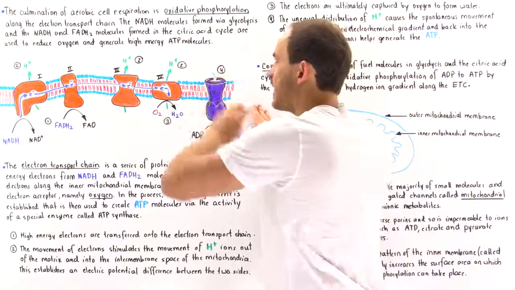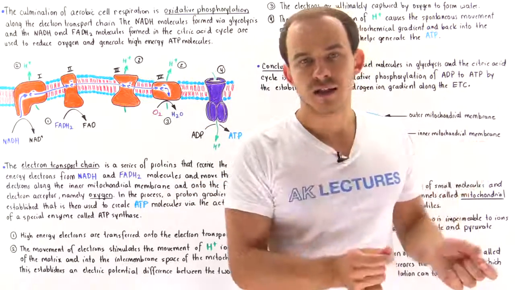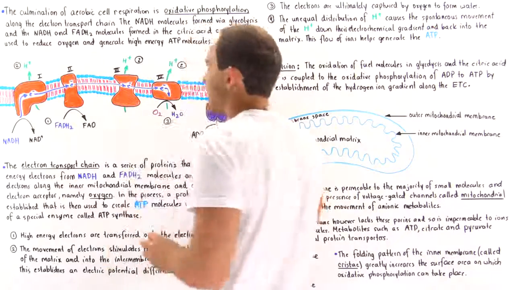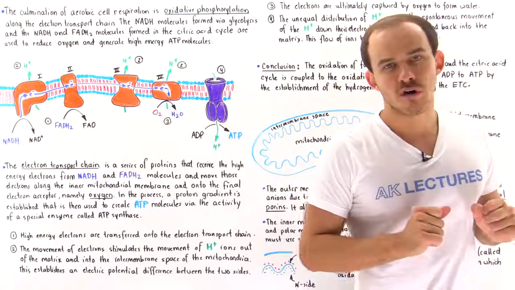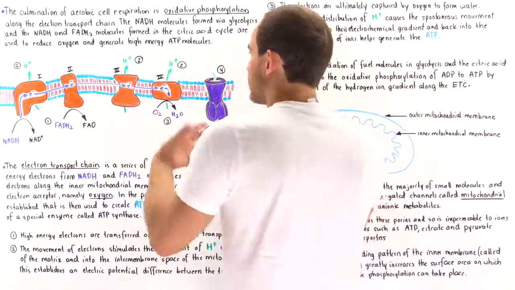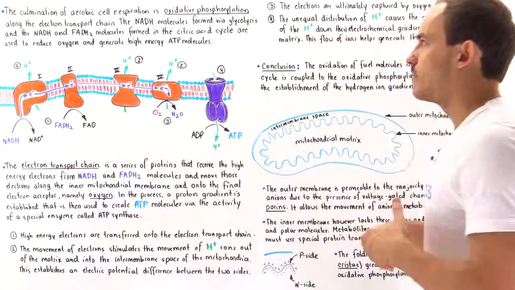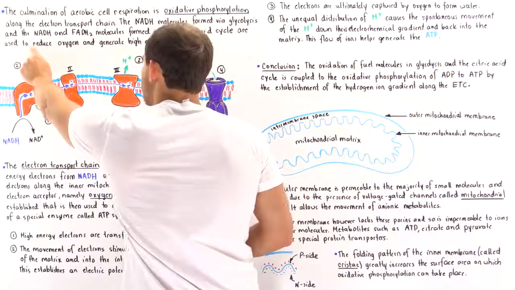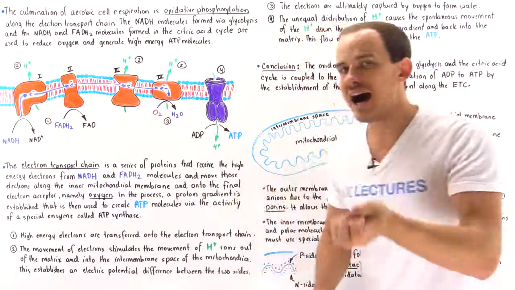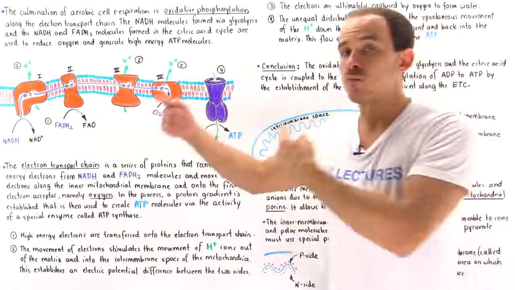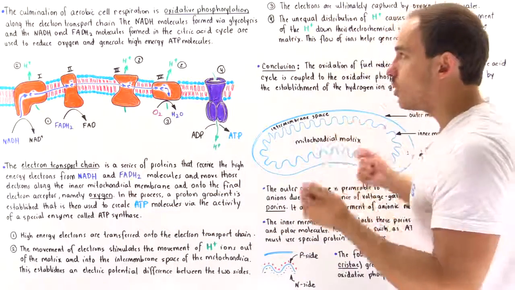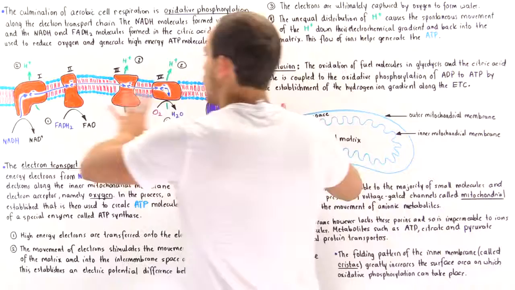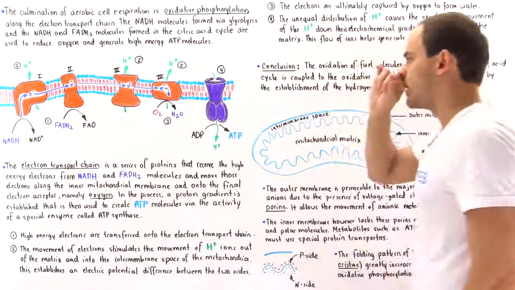The NADH molecules formed in glycolysis in the cytoplasm, and the NADH and FADH2 molecules formed in the citric acid cycle in the matrix of the mitochondria, are ultimately used to reduce diatomic oxygen molecules to form water, in the process also generating high energy ATP molecules. And this is summarized in the following diagram.